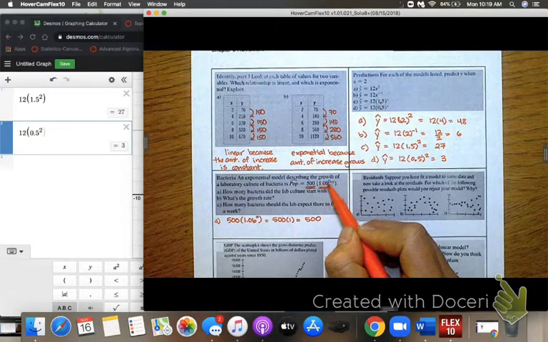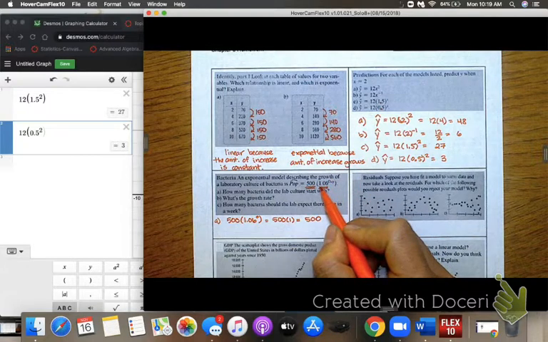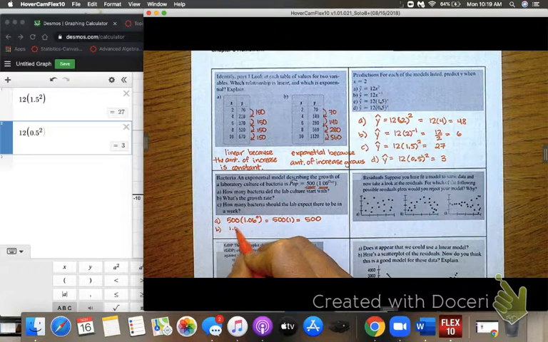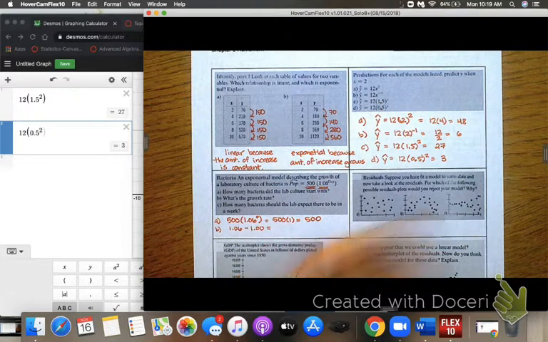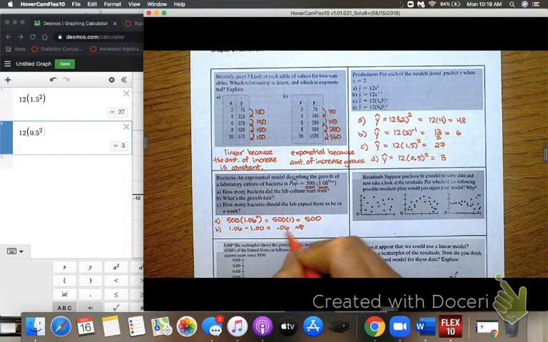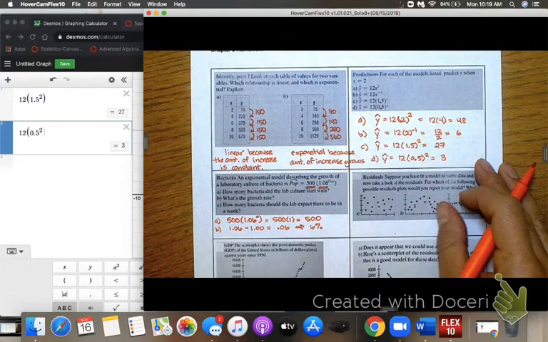By subtracting 1.06 minus the whole, which is 1, we can find the amount of increase, which is 0.06. And if we change this into a percentage, remember, by moving the decimal twice, we're getting 6% for our growth rate.